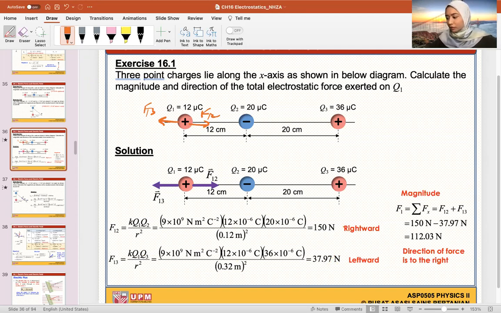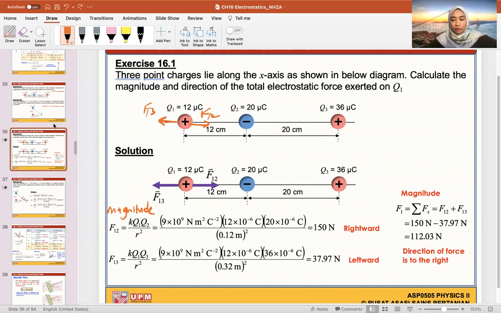I answered to the left. Why did I say that? I don't remember why. In the calculation for rightward, the doctor put negative 150. Oh, okay. This equation is only for magnitude. Maybe I made a mistake there. So it shouldn't be negative 150. It should always be positive, because it's a magnitude.